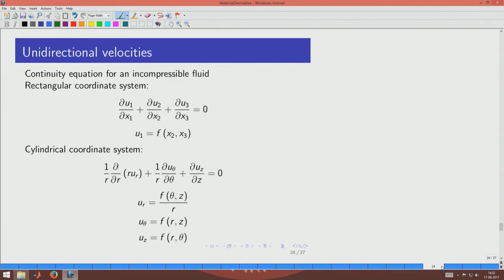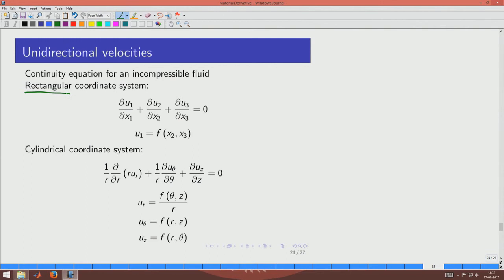It is also helpful to see what kind of unidirectional velocities are possible, because most of the time in materials processing we may assume for simplicity the velocities to be uniform and in one dimension, and if it is one dimension, what kind of functional forms are allowed is something you can see. Let us take, for example, the rectangular coordinate system.